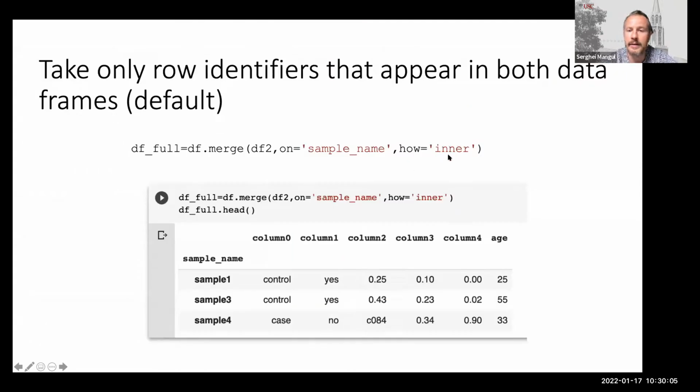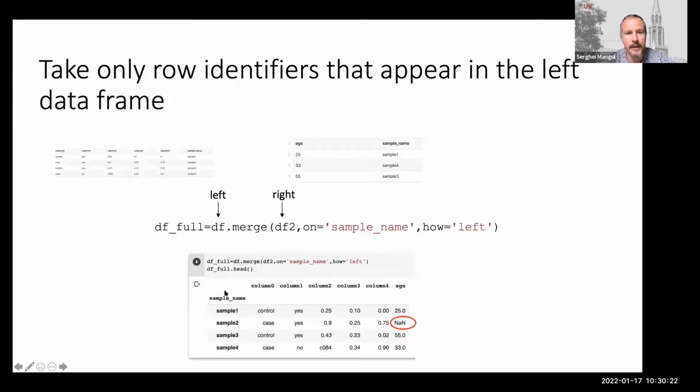So inner, that's a command, and you don't actually need to type it because it's the default, but just to show how it works, it will be exactly the same as the default, right? We saw that already. Sample 2 was dropped.